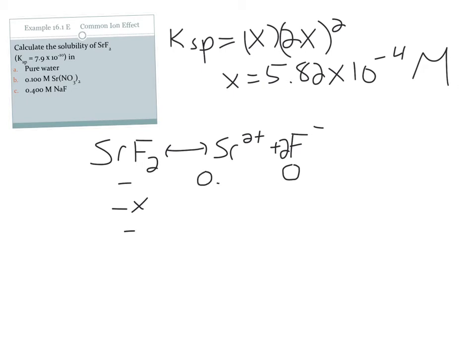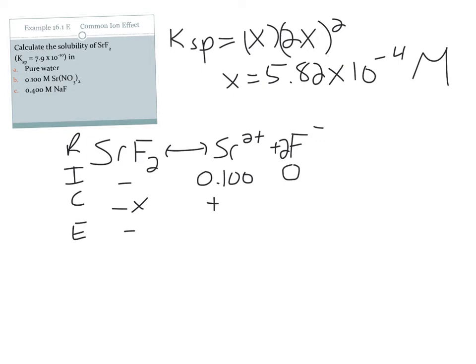It's 0.1. We have an external source from the strontium nitrate. The nitrate is a spectator. There's nothing in common with the nitrate, but this 0.1 strontium is a source of strontium to begin with, and that affects my equilibrium at the beginning.